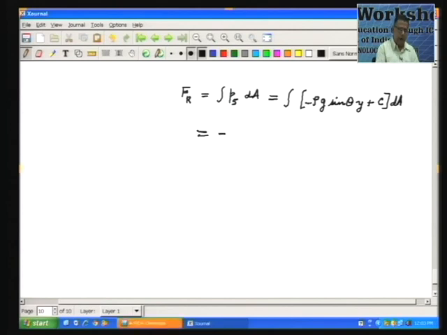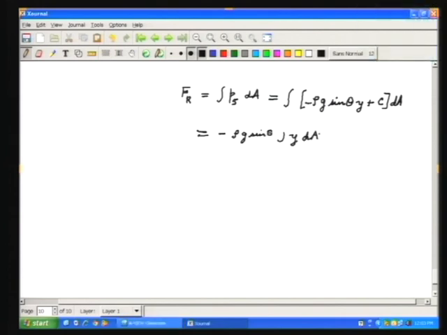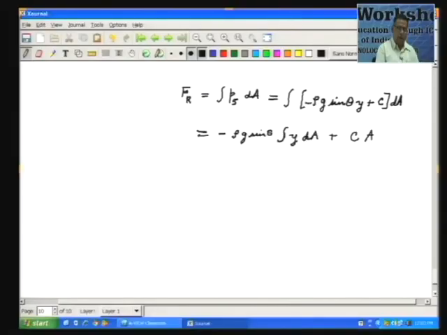So, this I can write as minus rho g sin theta into integral of y dA plus c into A. This sin theta being a constant and rho g being constant, I can pull it out of this integral.